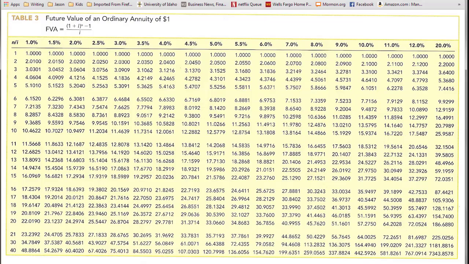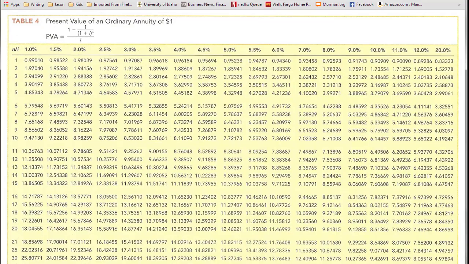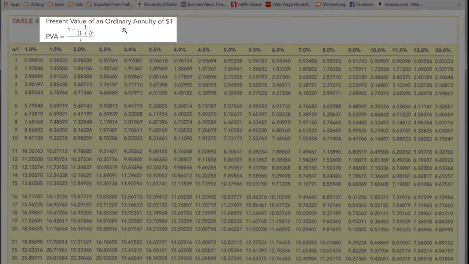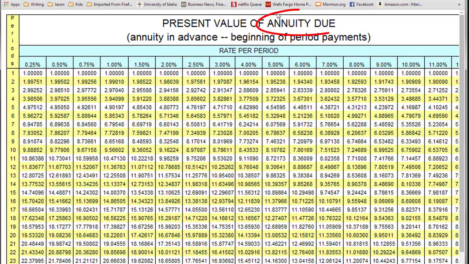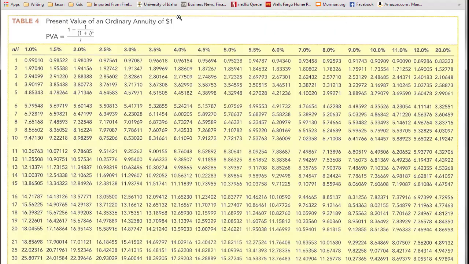So again, we'll go back to our tables, and we want present value of an ordinary annuity. Now watch out. There are also annuity due tables for present value. Matter of fact, I've got another one over here because we'll use it later. Make sure you don't get annuity due when you've got an ordinary annuity. This assumes that payments are made at the beginning. An ordinary annuity assumes that payments are made at the end. And that's typically when payments are going to be made almost every time.